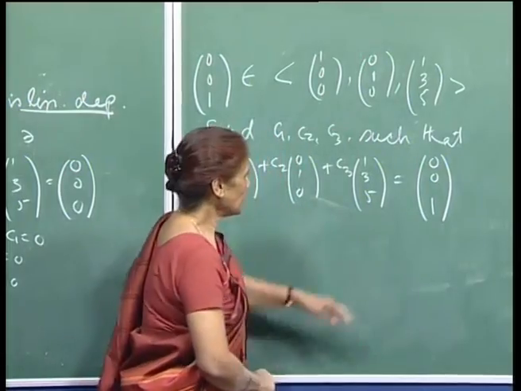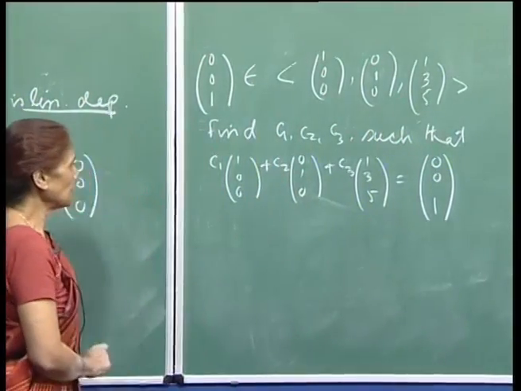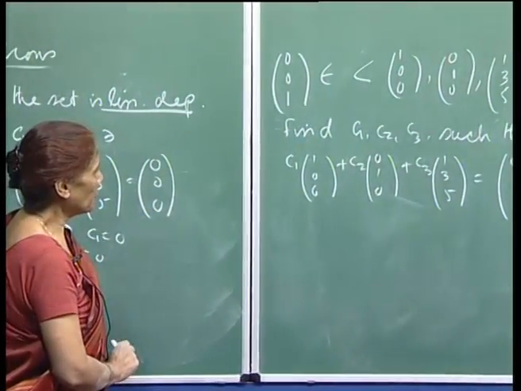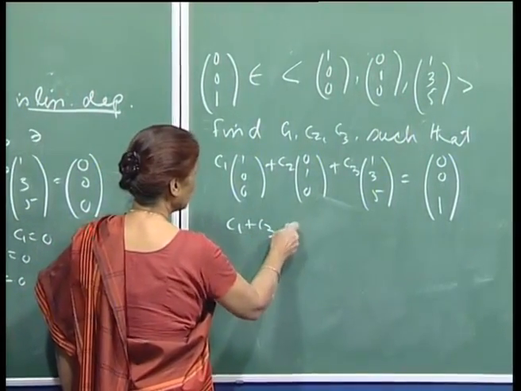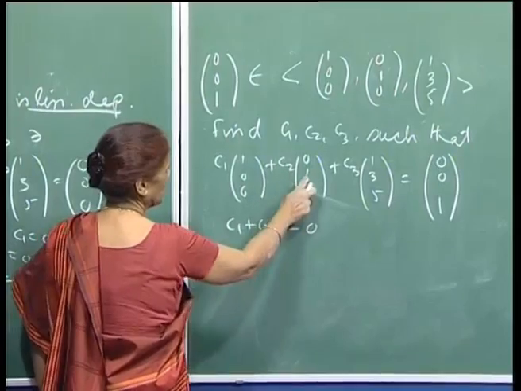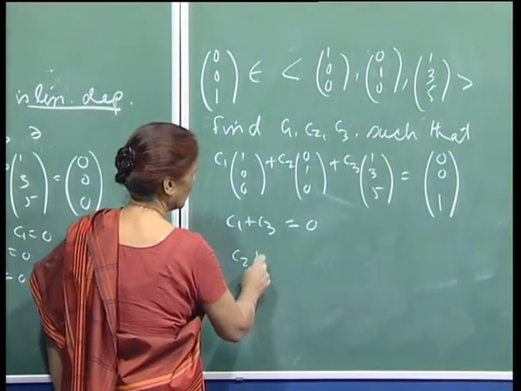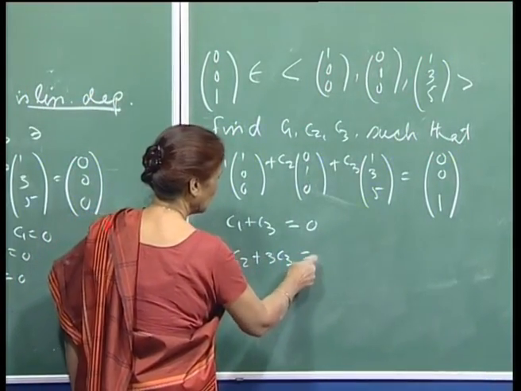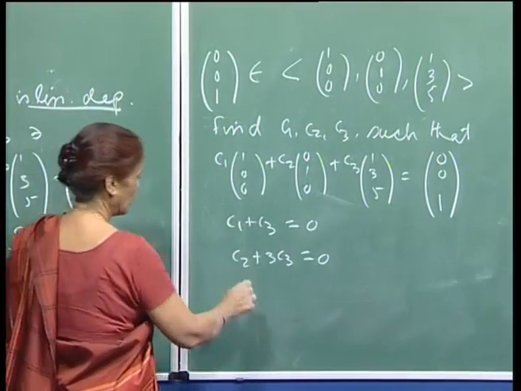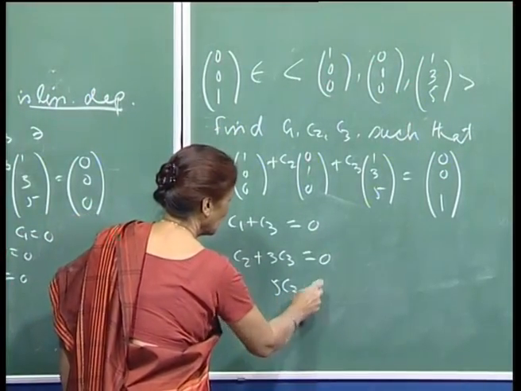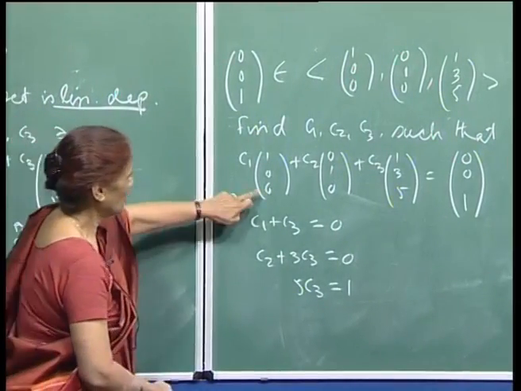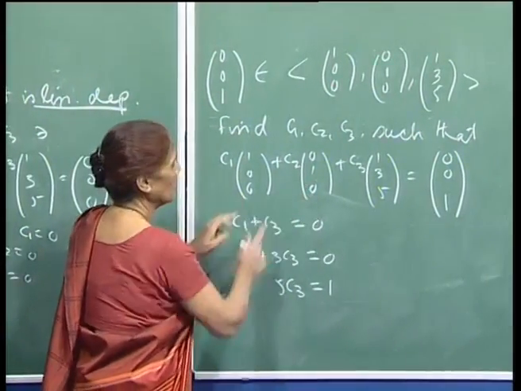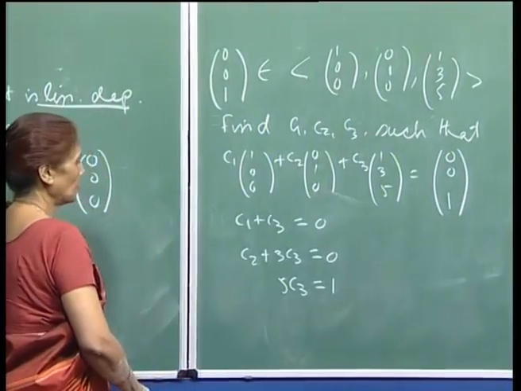I want to express this vector as a linear combination of these three. So, if you compare component wise, you get that C1 plus C3 is 0, then C2 plus 3 C3 is 0 and 5 C3 is equal to 1, because the contribution from here is 0. So, 5 C3 is 1.